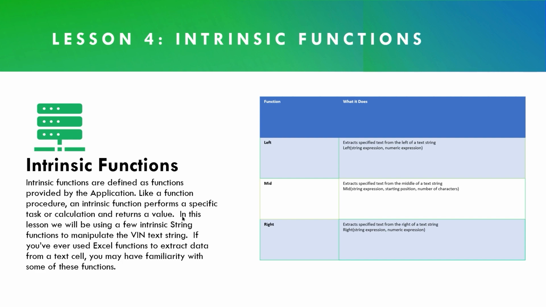Mid extracts specified text from the middle of a text string, and you've probably used these functions in Excel. They do the same thing. The mid function has 3 arguments, though: the string expression, where to start in the string, and then the number of characters to extract. And then the right function extracts specified text from the right of a string. It has the same arguments as the left function.